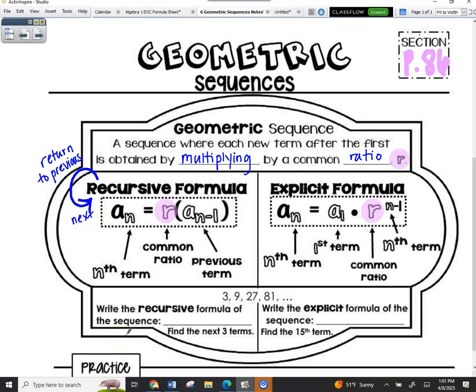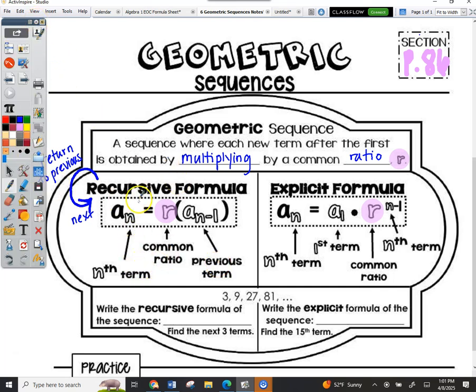You return to the previous term to find the next. That's recursive. And then you look at this and you might be thinking, this is a hot mess. I have no clue what all this is. I'm going to get to it in a minute. Right now, I just need you to know, basically, recursive means return to the previous term to tell me the next term in the sequence. Okay?